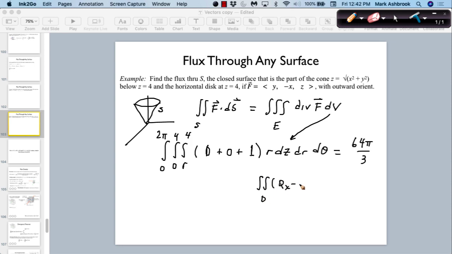The integral of dQ/dx minus dP/dy dA equals the circulation over the boundary, F dot dr. So now we have the triple integral over E of the divergence of F dV equals the flux over the boundary. There are all kinds of parallels here.